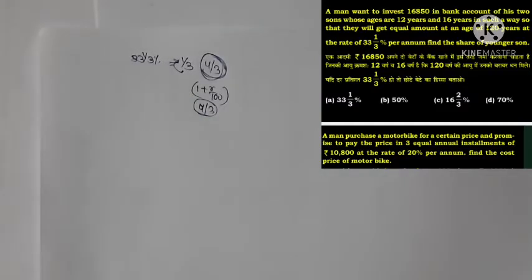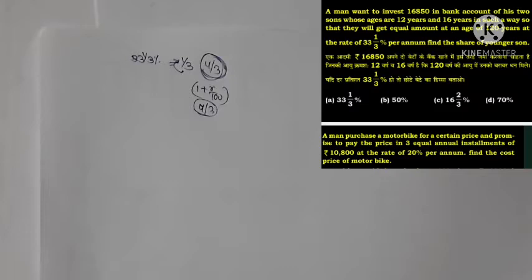The amount is invested at the age of 12 years for the younger son and 16 years for the elder son. So both get the amount. That means the time of the younger son is more than the time of the elder son.